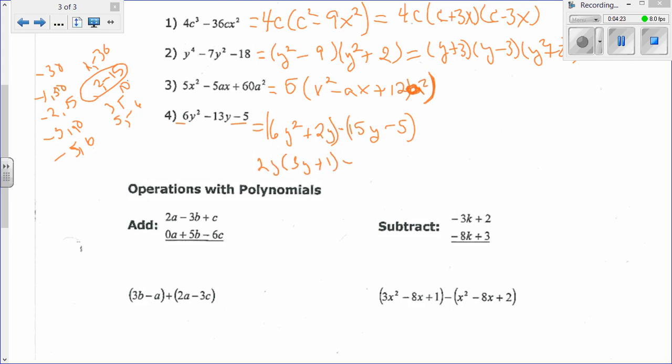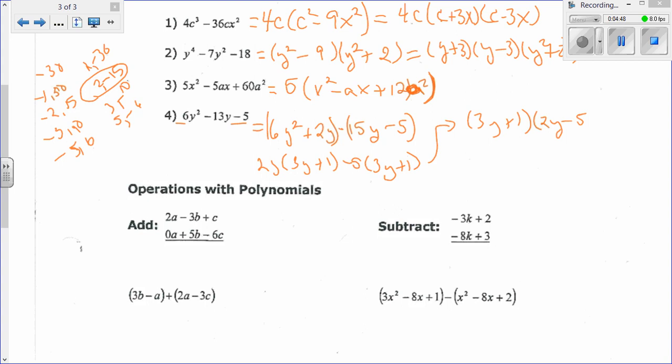And my GCF there is negative 5. So I'm left with 3y plus 1. So now my new GCF is 3y plus 1. And what was left over is 2y minus 5. Alright, that was just factoring review.